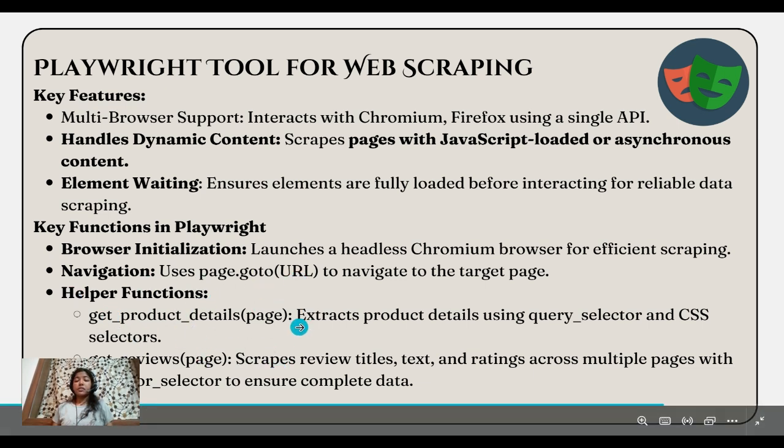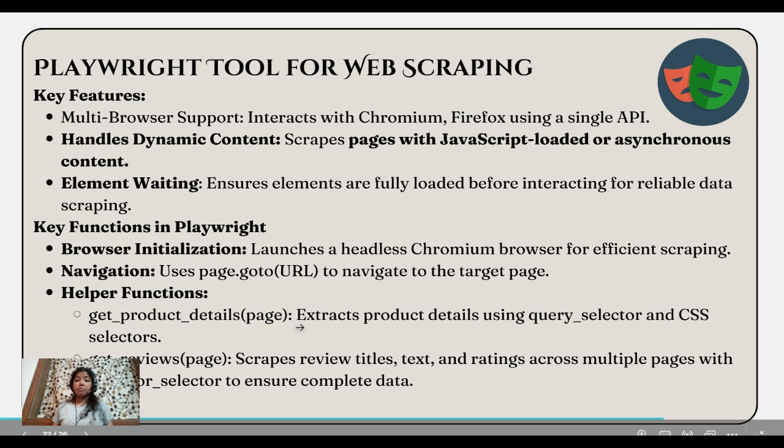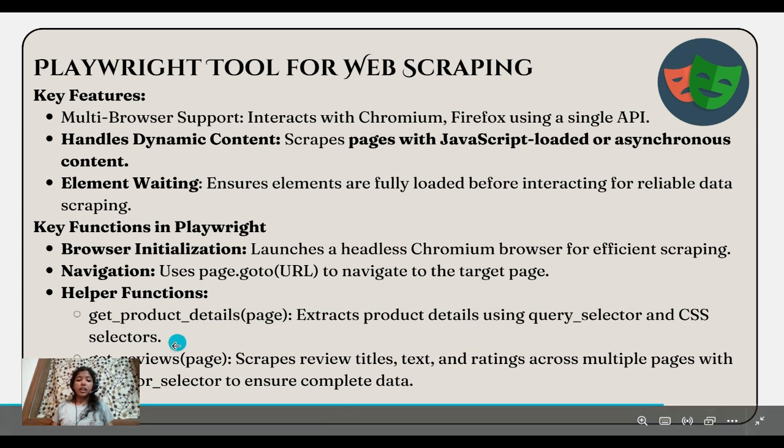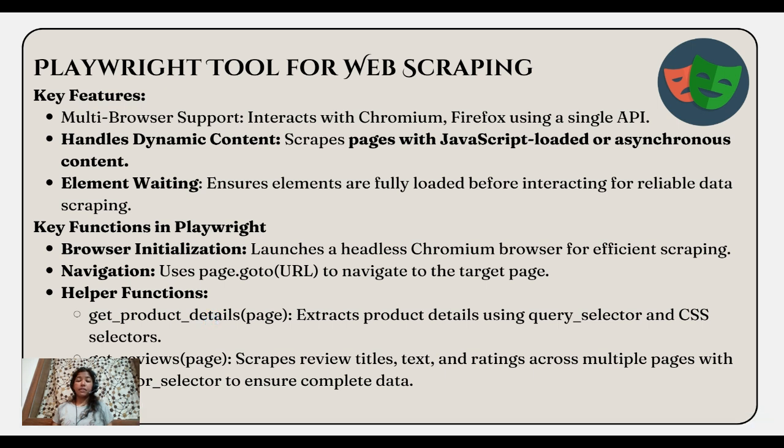In get product details, we are extracting the product details: image, price, rating, and name of that product. And get reviews will scrape all the reviews of that certain product, with ratings, text, and titles, for different pages.